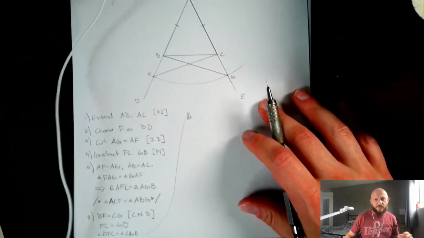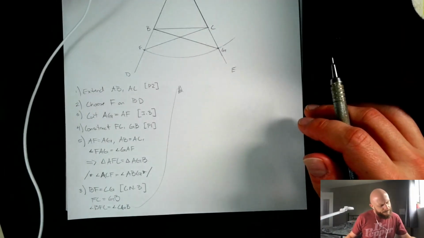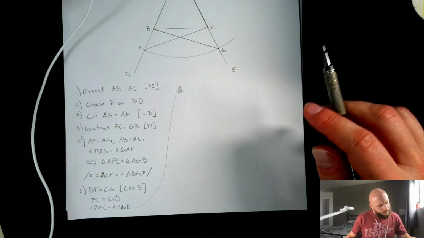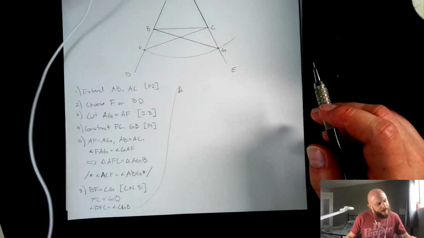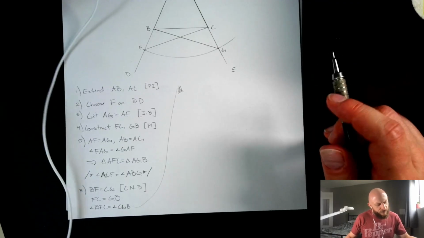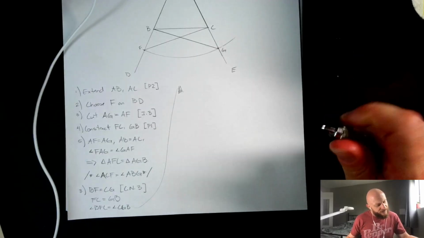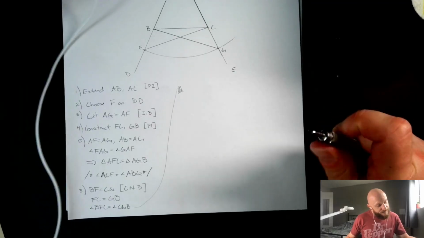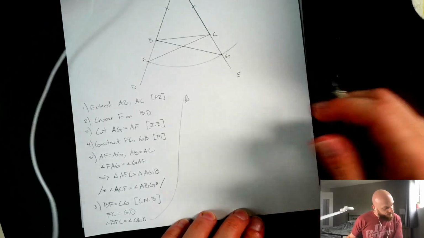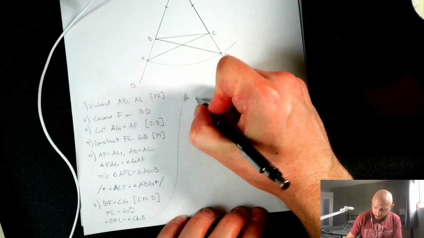It's again a side angle side situation. So he says, but FC was also proved equal to GB, therefore the two sides BF, FC are equal to the two sides CG, GB respectively, and the angle BFC is equal to the angle CGB, so we have that these triangles are congruent.